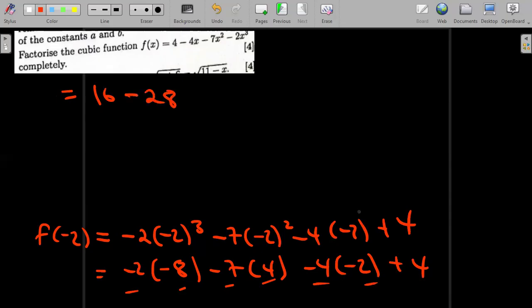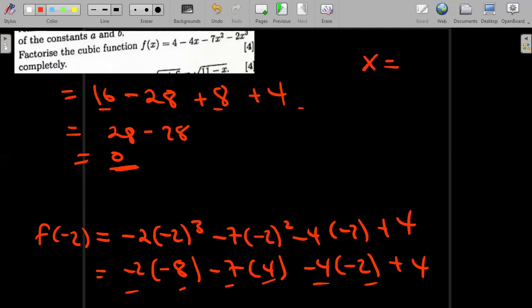Multiply this and that, you get positive 8. Then you have 4. So adding 4 plus 8 gives us 12, then plus 16 gives us 28. So I'll just have 28 minus 28, which is going to give me 0, which means x equal to negative 2 is a factor.